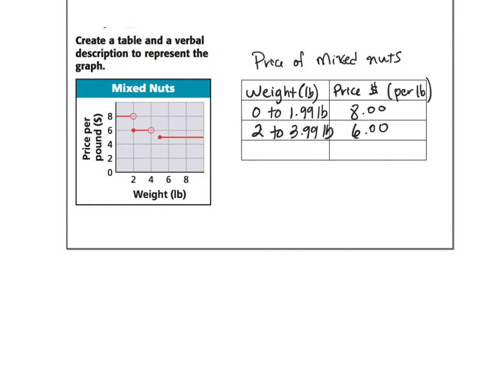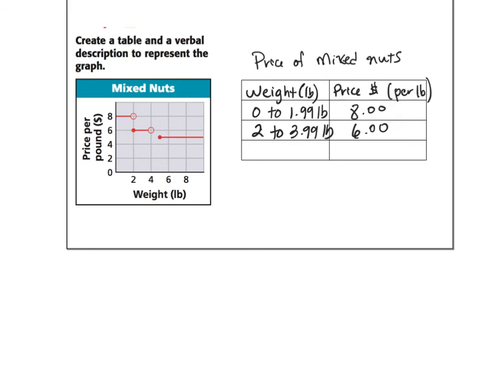And lastly, I'm looking at the final part, and look, there's a little bit of a gap here, so this is kind of strange. Really, for prices of nuts, usually it's real consistent here, but there is a little bit of a gap. So anyway, I'm going to just write this table as I see the graph. I noticed the last part of the piecewise function begins at, looks like 5. From 5 pounds to, I guess any weight after that, it's going to be about $5.